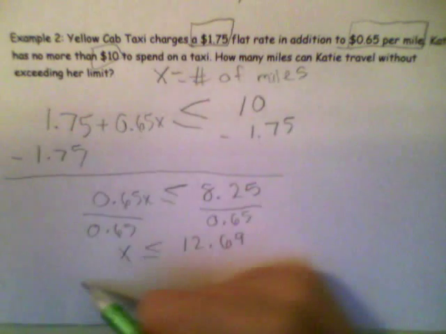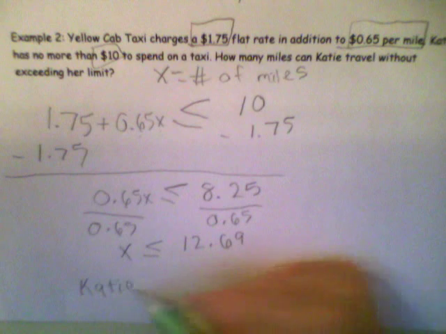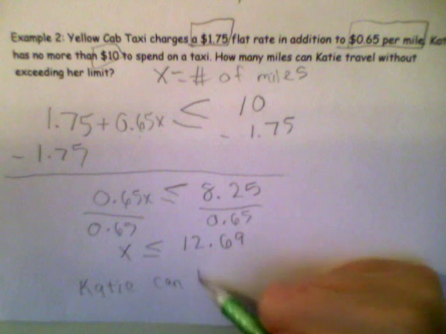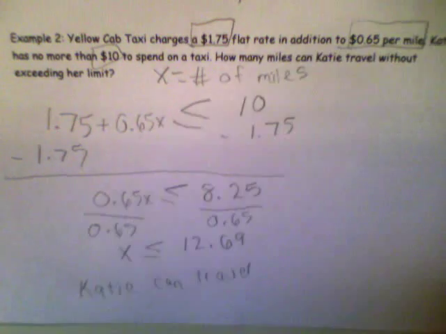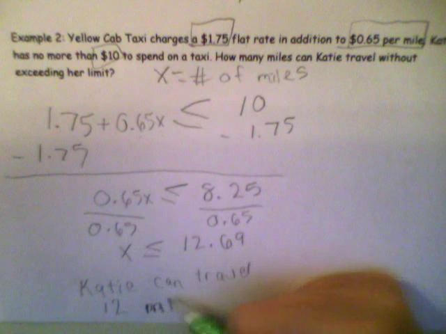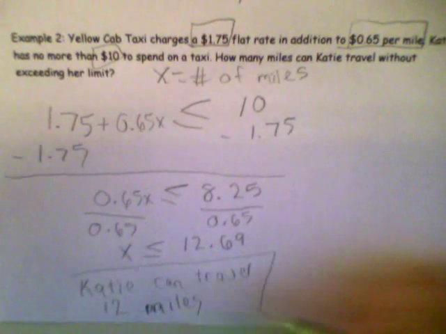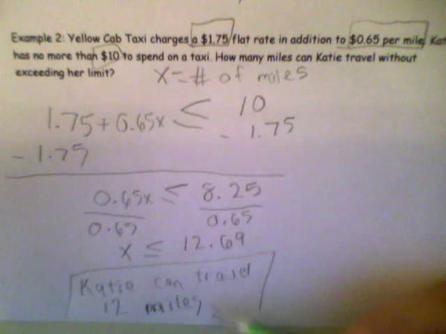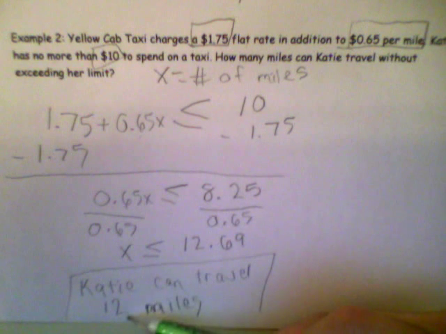So my final answer is Katie can travel 12 miles. Anything past 12 miles, they're going to charge her for a 13th mile. So the most she can travel is 12 miles.